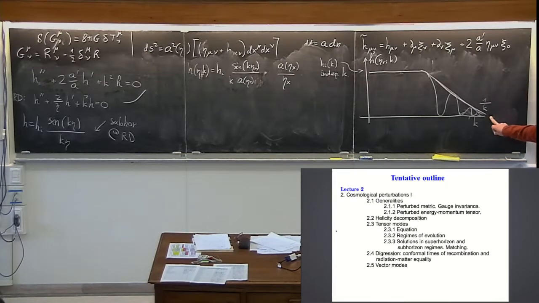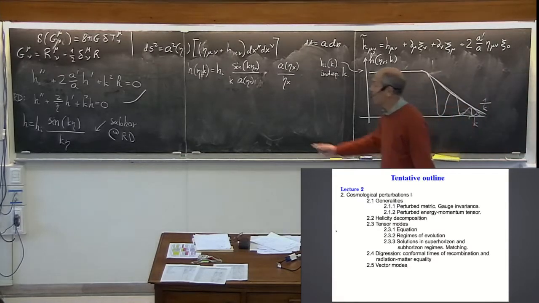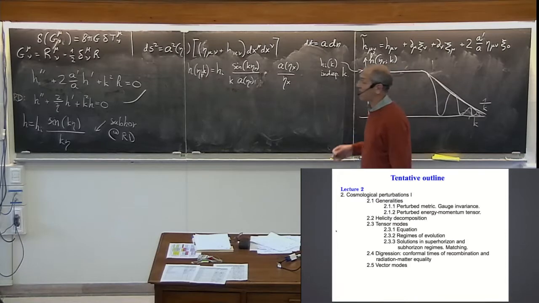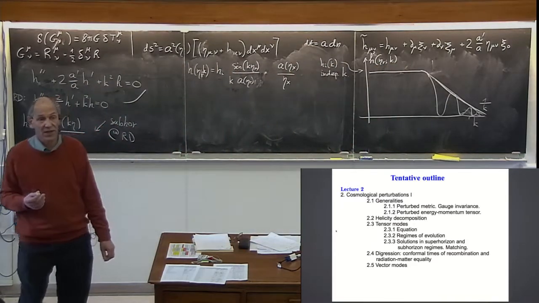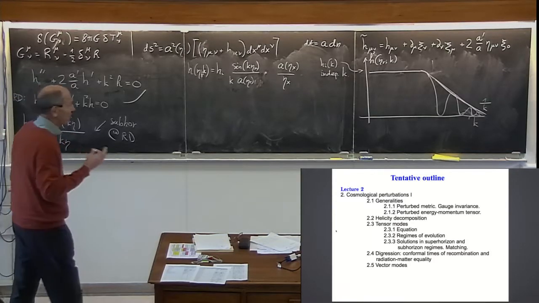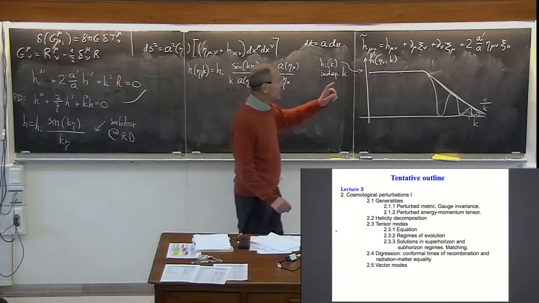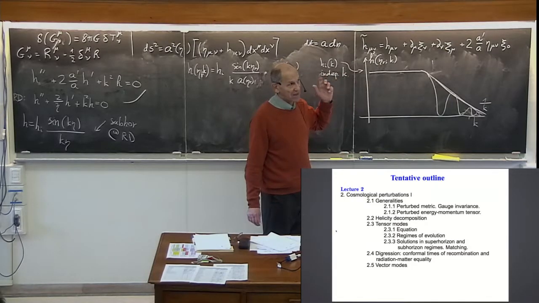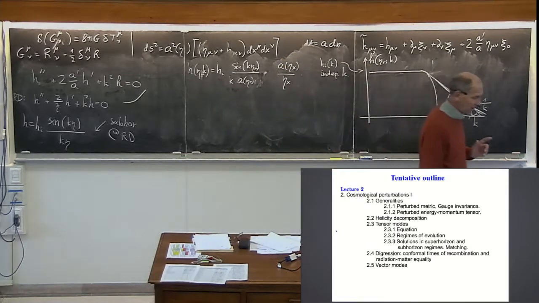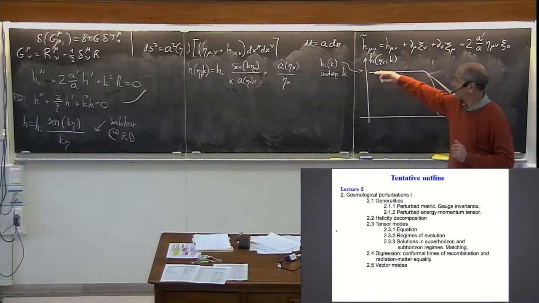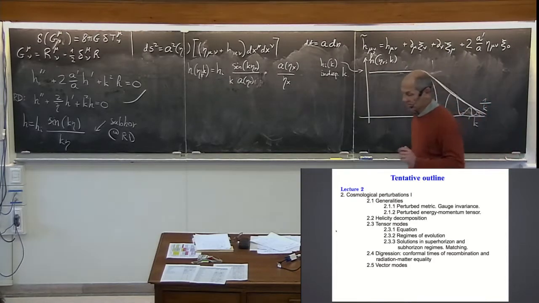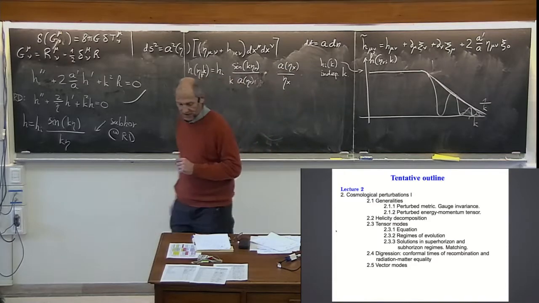Because high momenta are unobservable because of this effect of damping, and low momenta are unobservable in those cases because there's no generation of gravitational waves at low momenta. So inflation is, I think, the only theory that predicts a sizable gravity wave background at low momenta, and its prediction typically is that the spectrum is nearly flat. We'll discuss that.